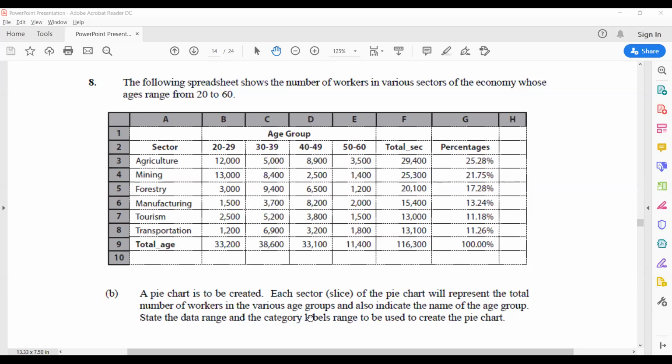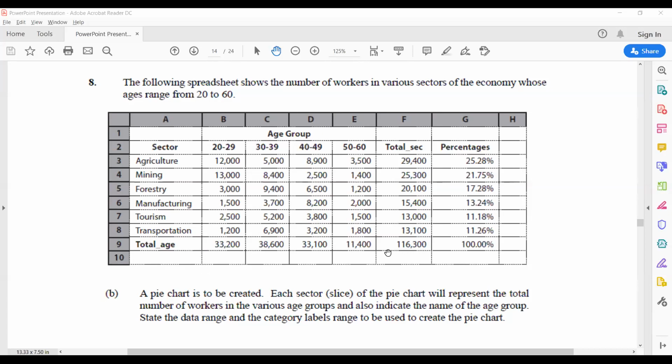So which cells has first the total number of workers in the various age groups? Anyone can answer? Remember, it's these cells, right?